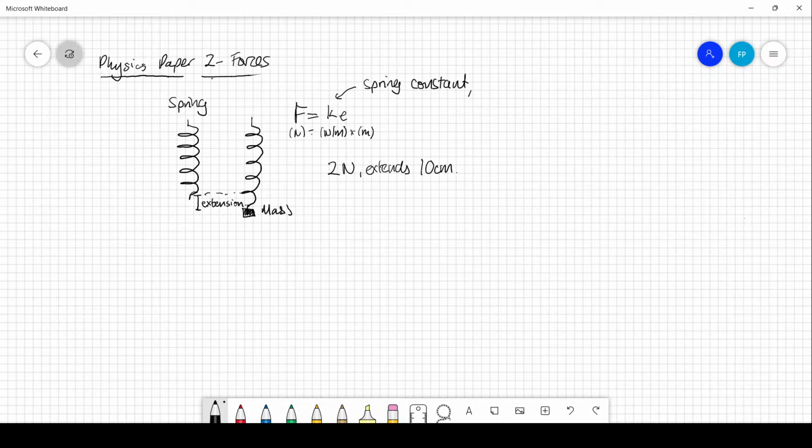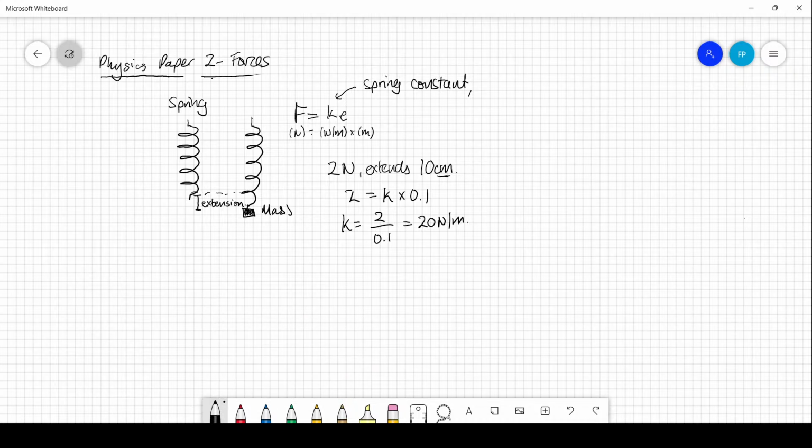So we'd plug this into our formula, remembering what our units are. So our force, 2, equals the spring constant times our extension, which is 0.1. So our spring constant equals 2 divided by 0.1, which gives us 20 newtons per meter. This is a simple calculation.